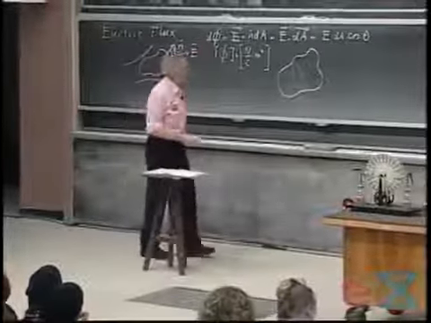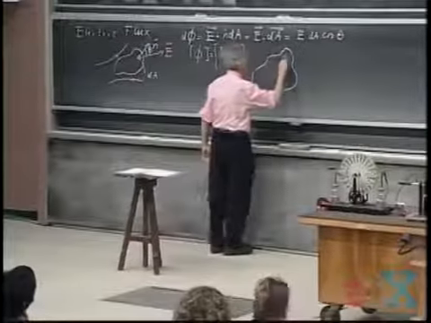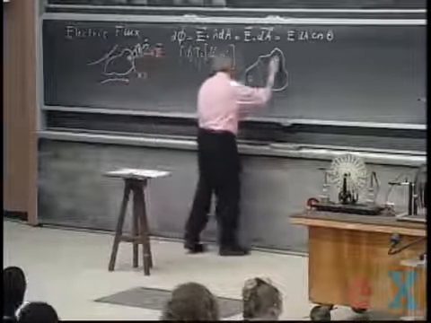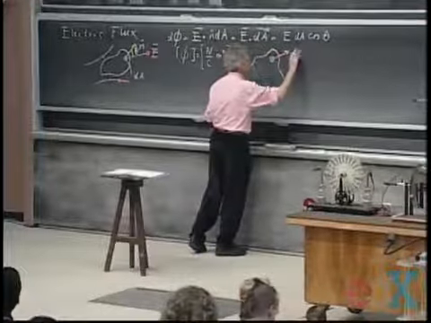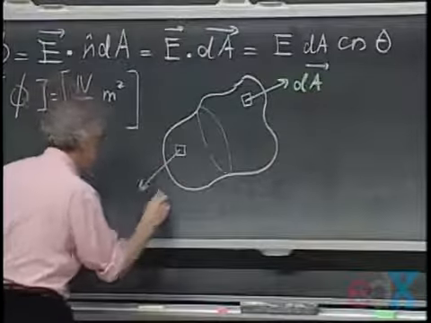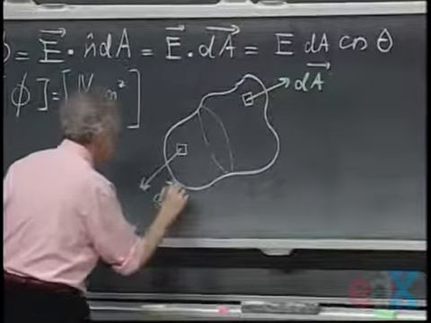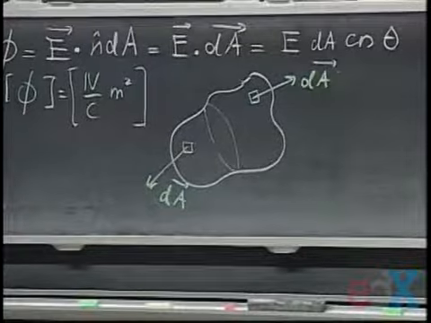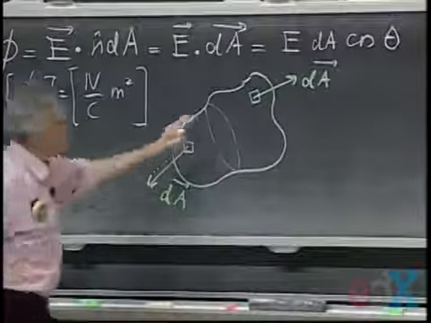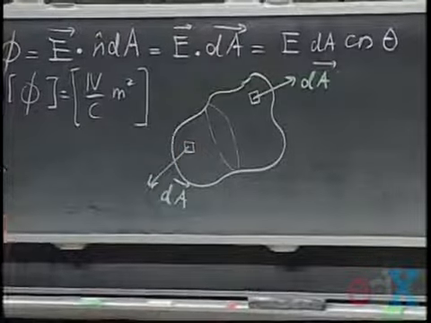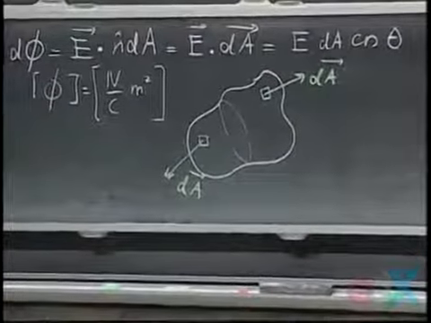And so now I can put up here and here these normals, dA, and there's another normal here, maybe in this direction, dA. In this case, by convention, the normal to the surface, locally to the surface, is always from the inside of the surface to the outside world.